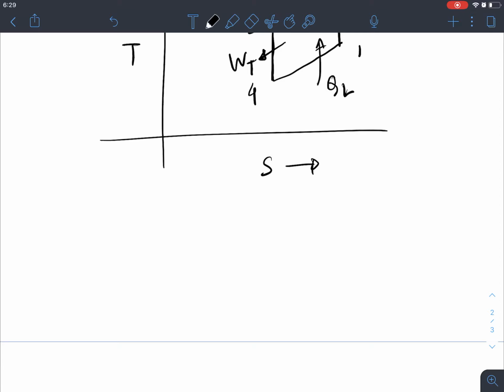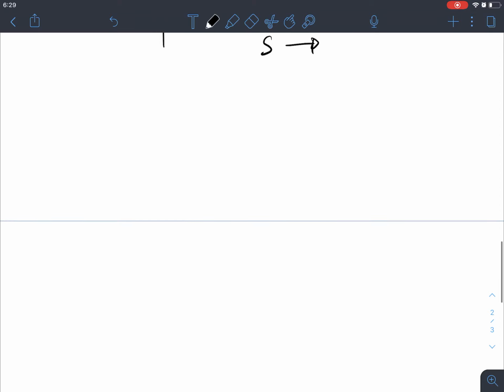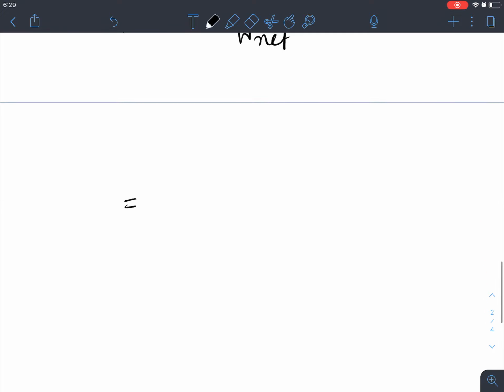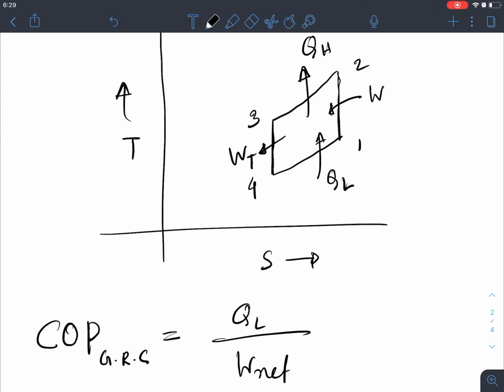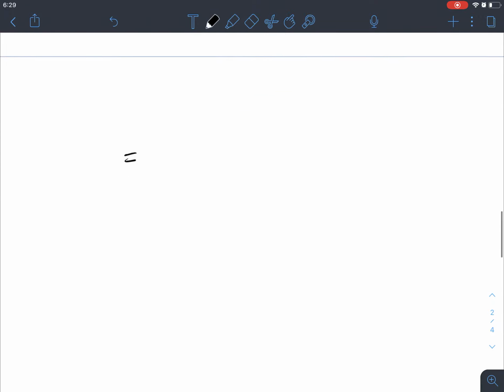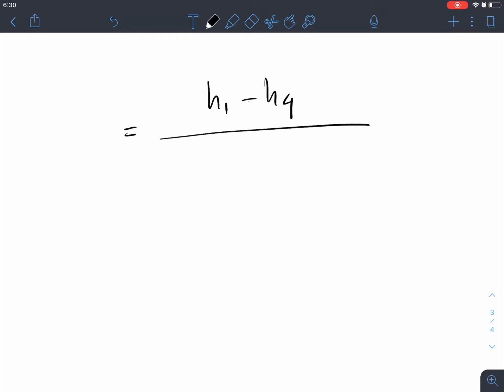If we do the analysis of the coefficient of performance of this gas refrigeration cycle, then it's basically QL divided by W net. So what is the QL? It's basically here, H1 minus H4. So QL equals H1 minus H4.